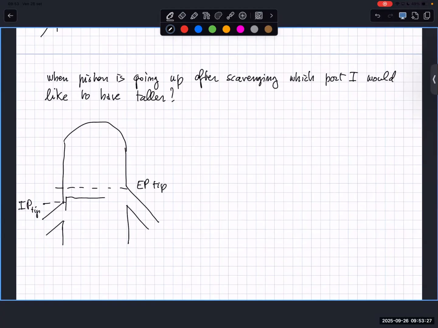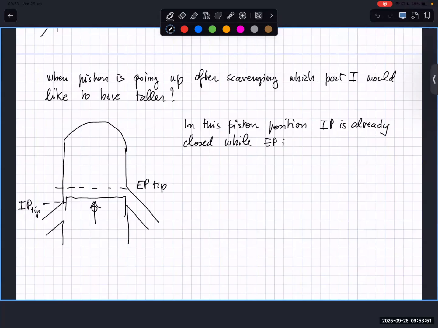When the piston is going up, the intake port is already closed, while the exhaust port is still open after scavenging. So what can this produce?